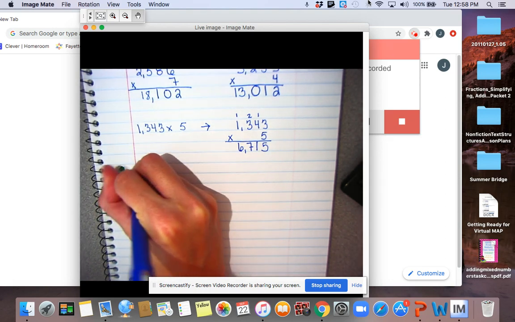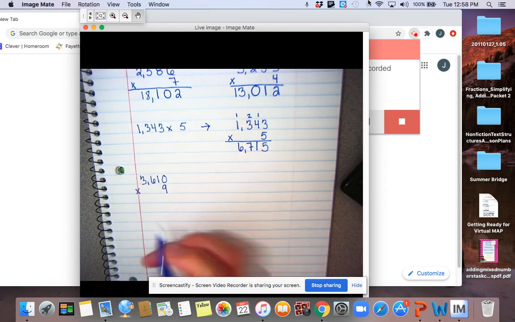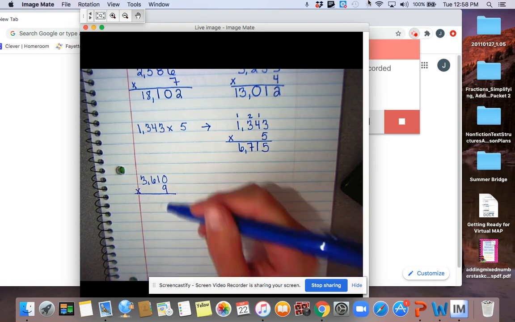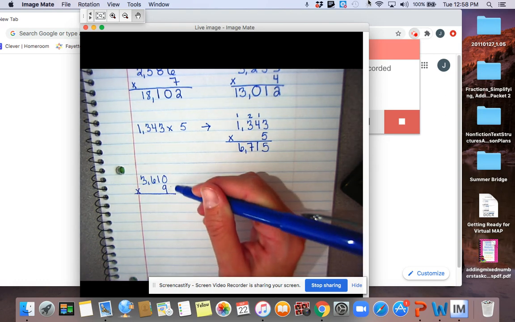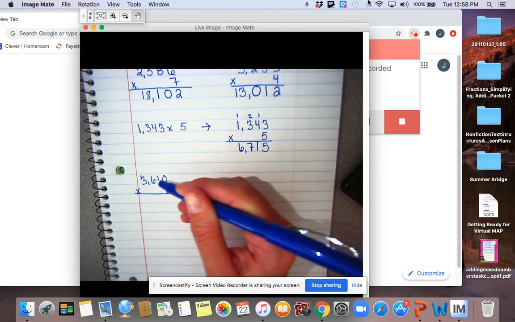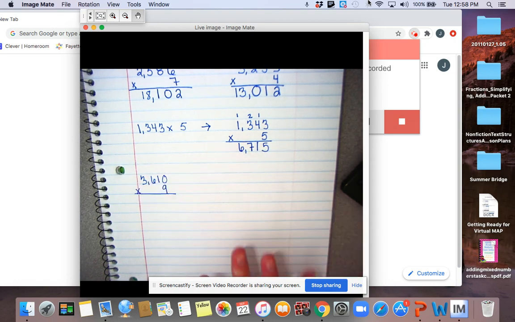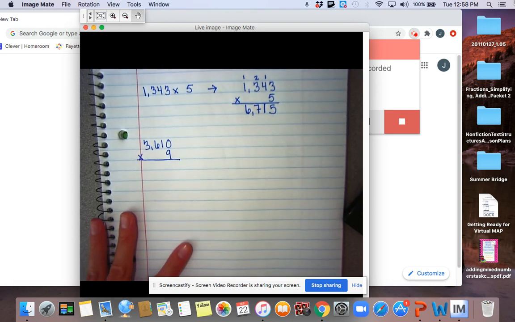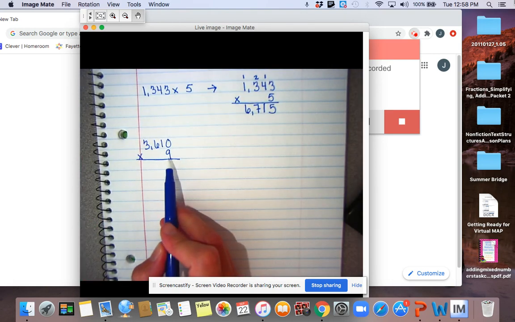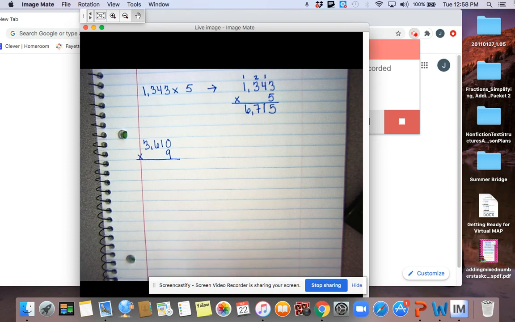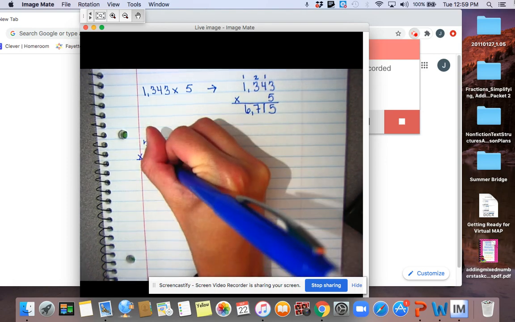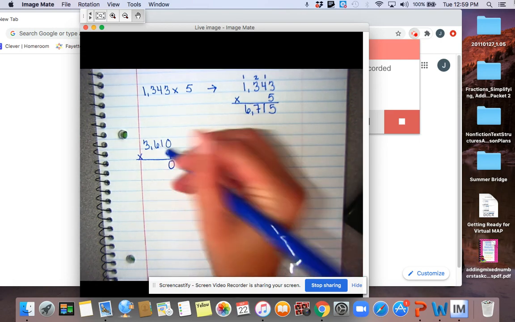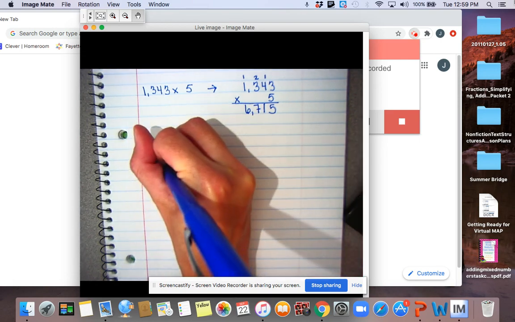3,610 multiplied by 9. All right. Again, we're going to start at the ones place and work towards the thousands place. So for this one, I'm going to ask myself, 9 times 0. Well, 9 times 0 is 0. I don't have to carry anything. 9 times 1 is 9.